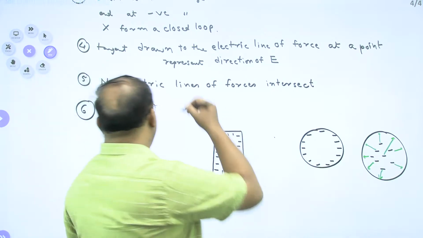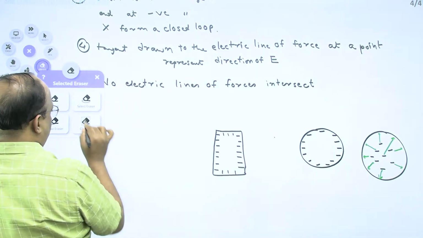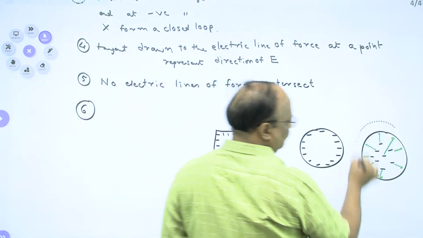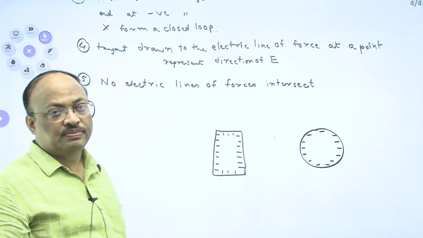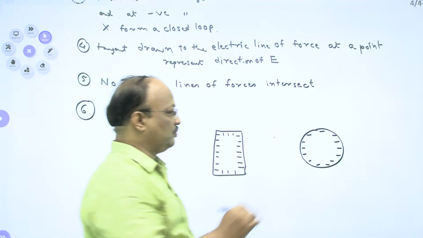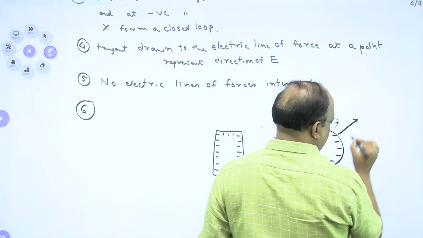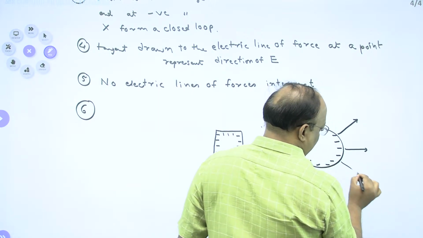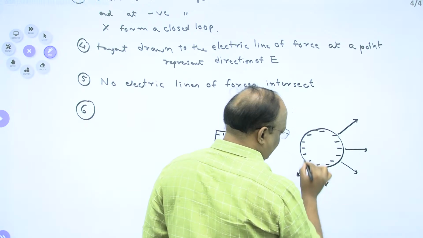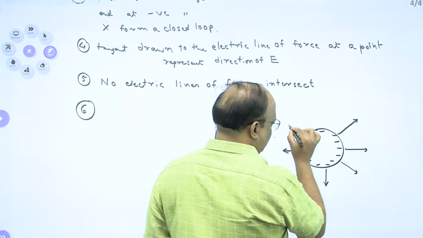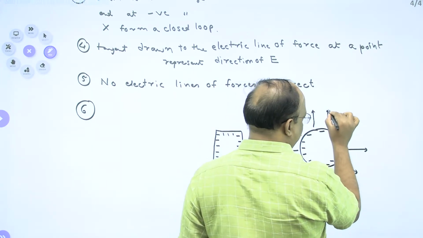Now coming to the next property of electric lines of force. Electric lines of force are always normal to the surface.